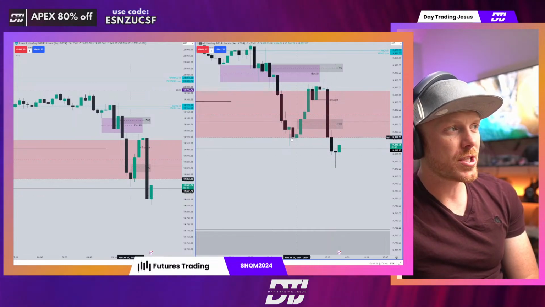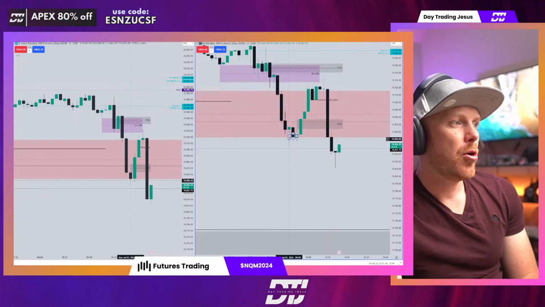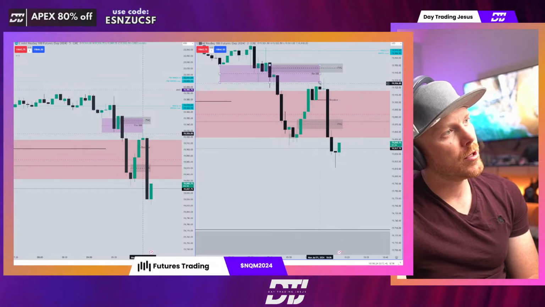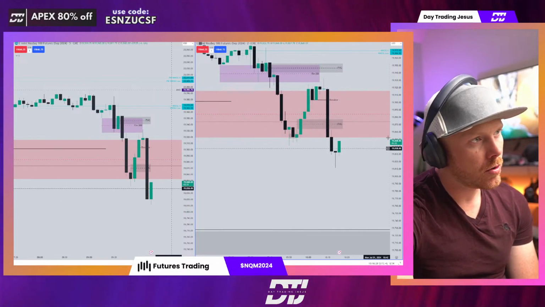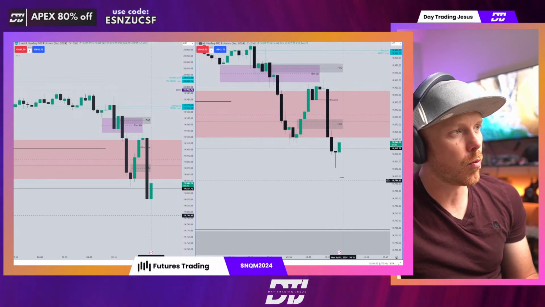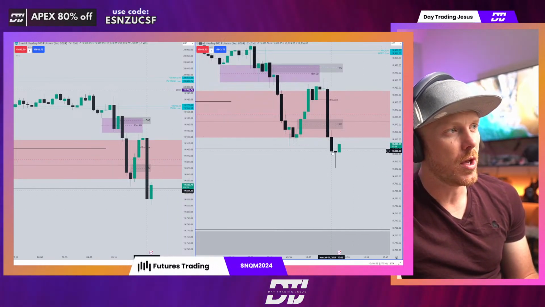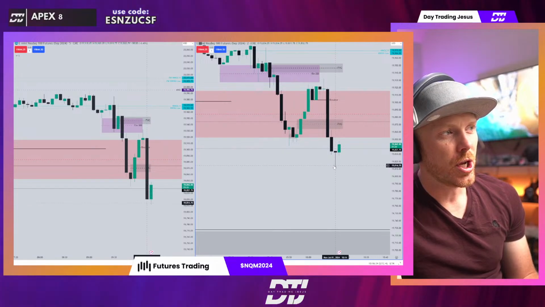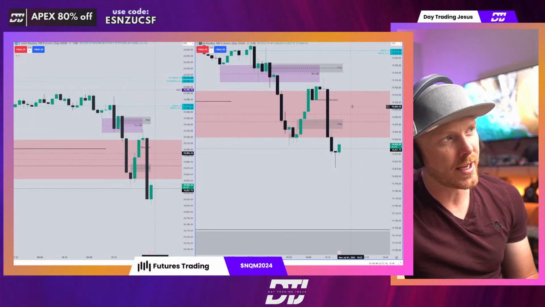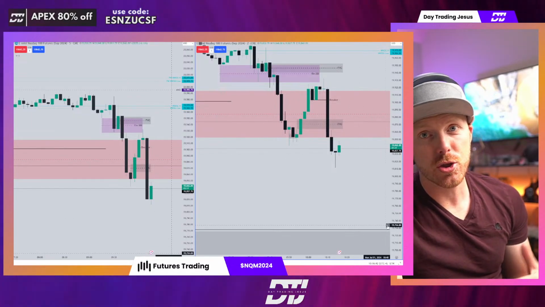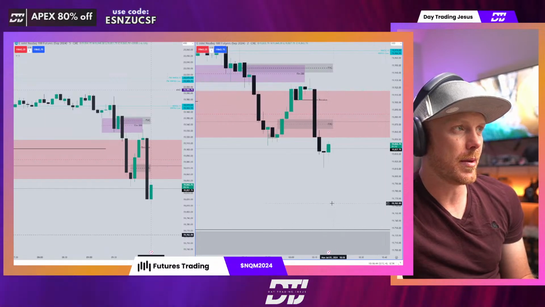So it wouldn't surprise me if we do this break a low, retrace, break a low, retrace, break a low, retrace, and it just makes its way back. So you never want to go short here. You're just going to get stopped out on this retracement. Wait for the retracement, and then you'd want to look again for a short. As long as you have your bias right. If you have your bias right, it's going to be a lot easier.